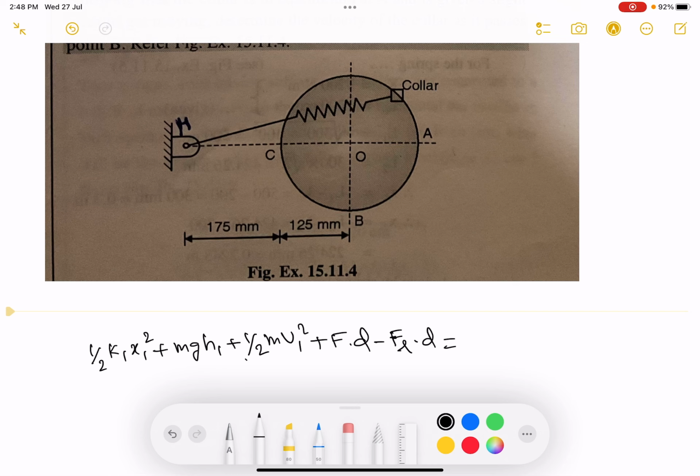This is equal to the energy at point B, which can also have spring energy, half K2 x2 square, potential energy mgh2, plus some kinetic energy, half m v2 square.